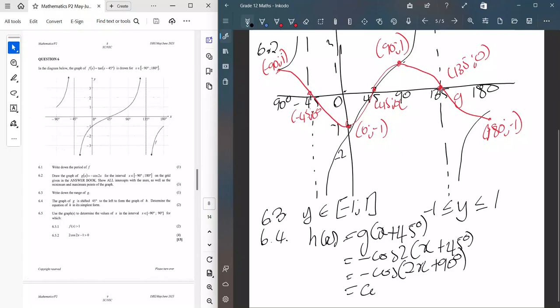And because of the 90, cosine has to change. What does it change to? It changes to sine. Therefore, our answer is positive sine 2x. This is the new graph of h, which is in its simplest form. All right. Perfect.